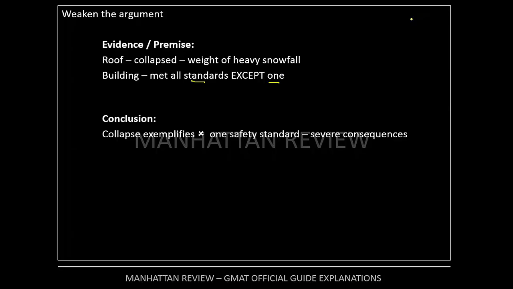The standard that was not met is that they have used nails of a smaller size to attach roof supports and the building column. Based on this evidence, the argument concludes that not following the standard, that is using smaller nails than what they are supposed to use, is the reason for the collapse of the building.